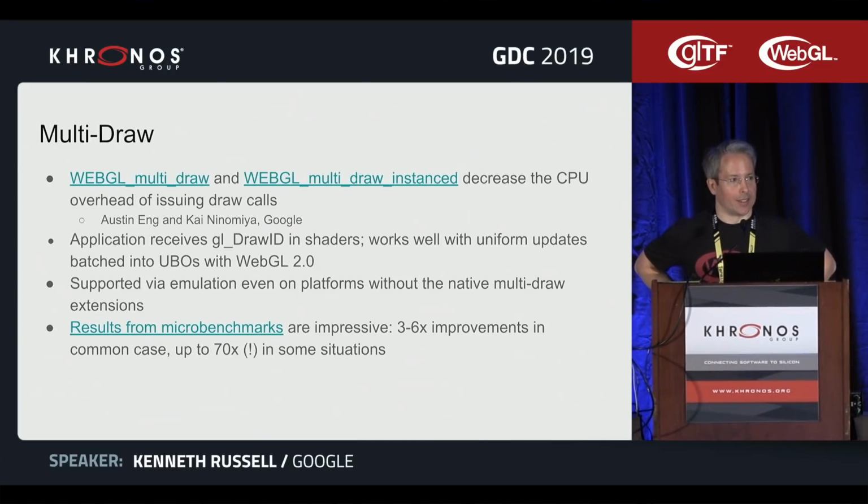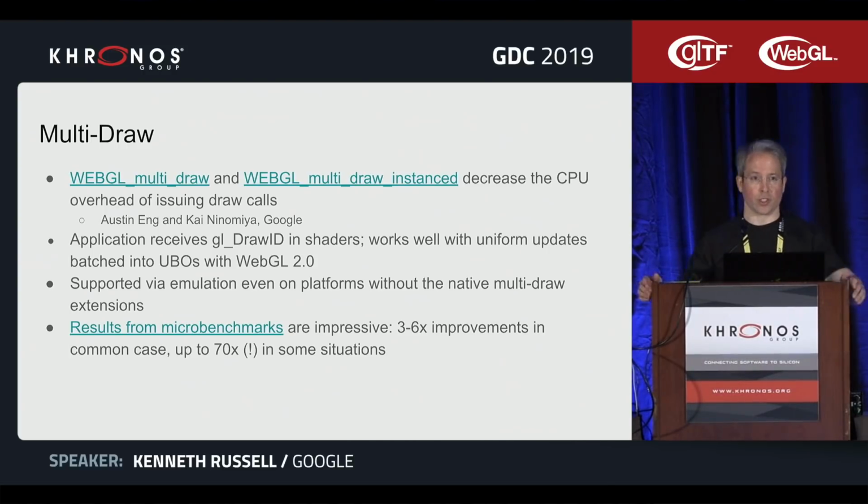Another amazing innovation is we've been looking at the almost zero driver overhead credo from OpenGL. It came out years ago now, but trying to figure out what we can put into WebGL efficiently. And multi-draw is the obvious number one candidate. Can you issue draw calls more efficiently? Can you get better batching? So Austin Eng and Kai Ninomiya from Google have been investigating and implementing multi-draw extensions for WebGL.